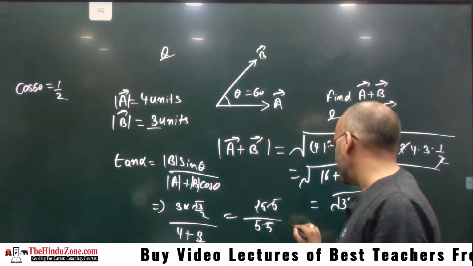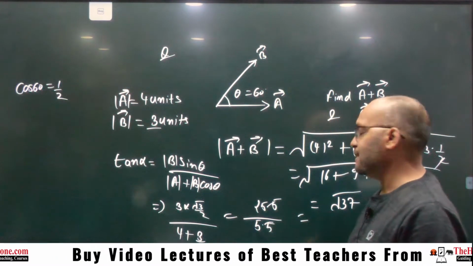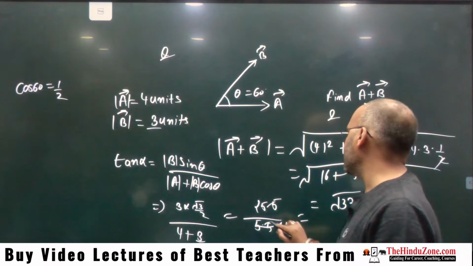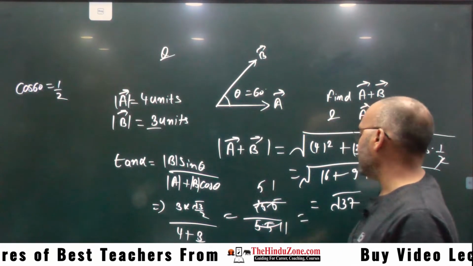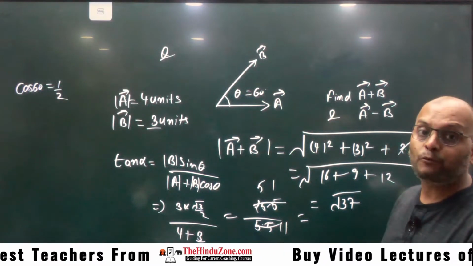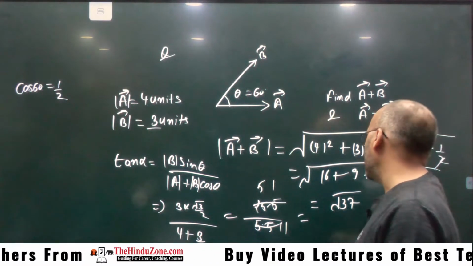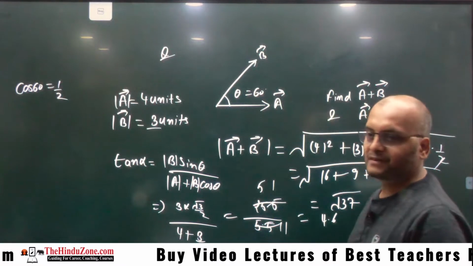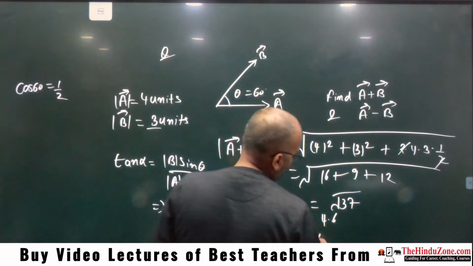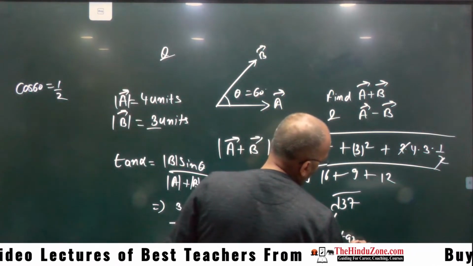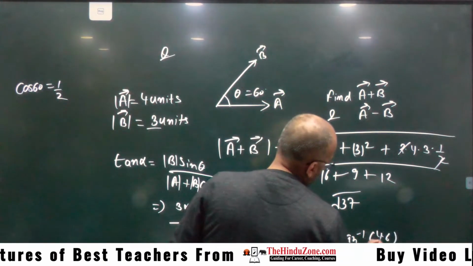So this and this are gone. 255 divided by 55, which gives 51 divided by 11, that will be 4.6. So alpha will be tan inverse of 4.6.